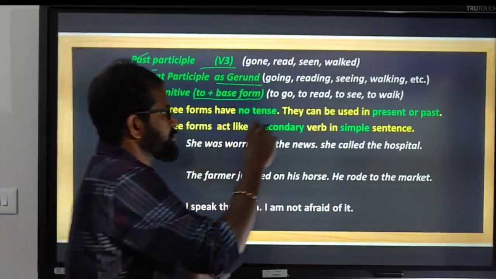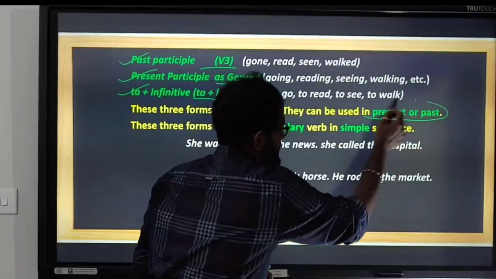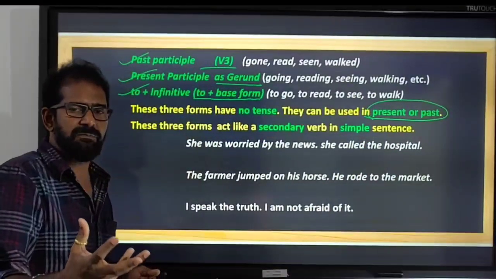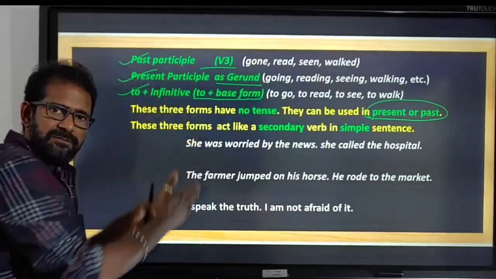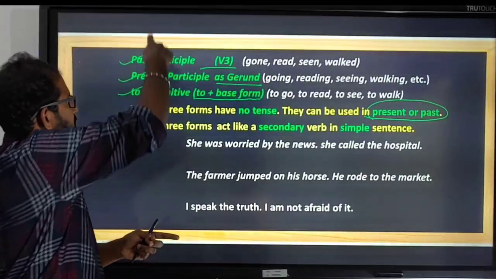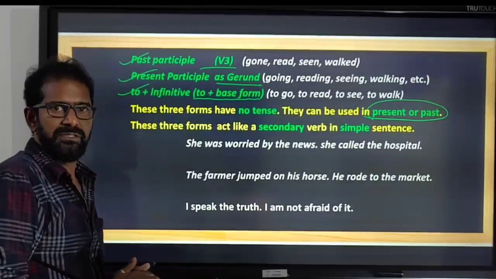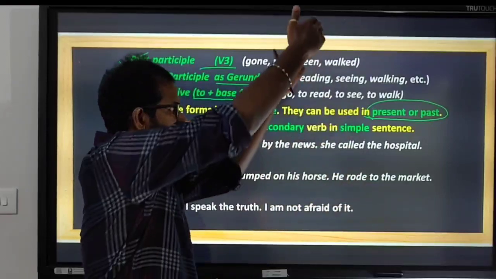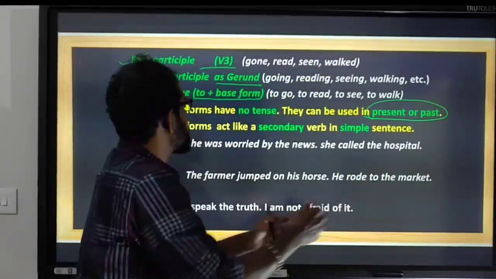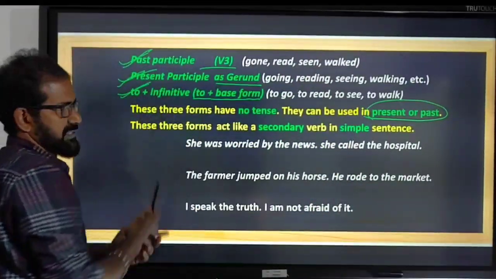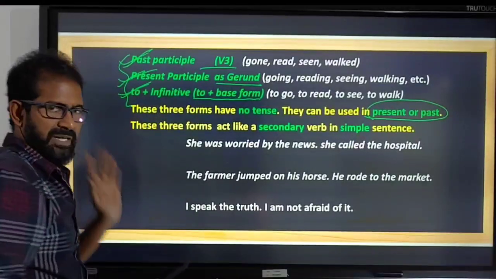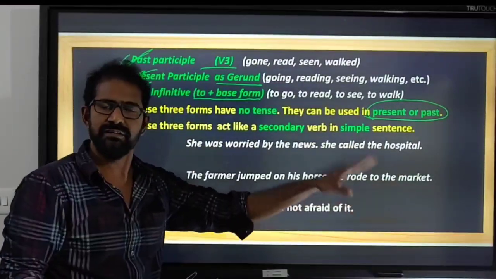They can be used in present or past. If the paragraph is in present, of course we use the present forms along with these three forms. Suppose it is past tense, all the past forms we use, and at the same time we make use of these three.